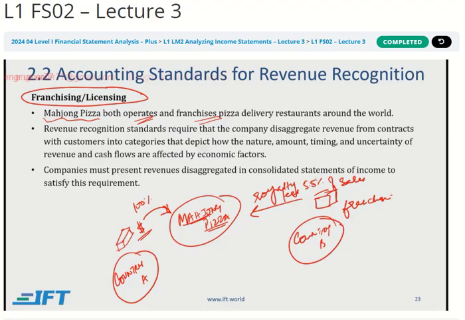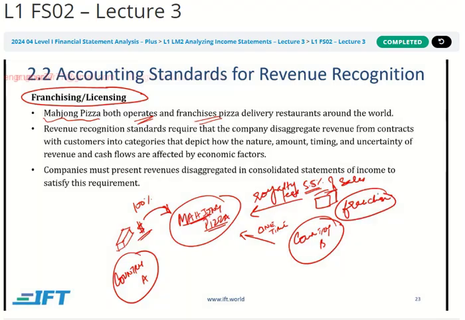But for the franchised outlets, only 5.5% of the sales, which is going to be paid to them as royalty fees, is going to be the revenue. Plus the one-time fees that the person or the company which takes the franchise will also be recorded separately.